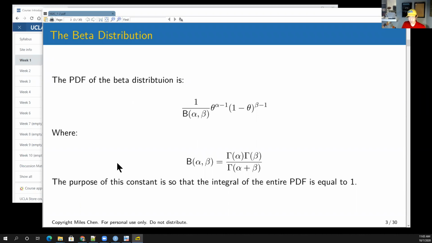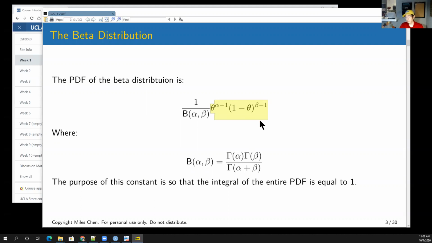On Monday we talked about the beta distribution, which has this PDF: 1 over beta of alpha comma beta, times theta raised to the alpha minus 1, and 1 minus theta raised to the beta minus 1. The only part of the function that really changes with theta is this part over here.